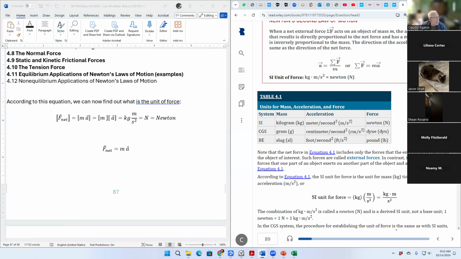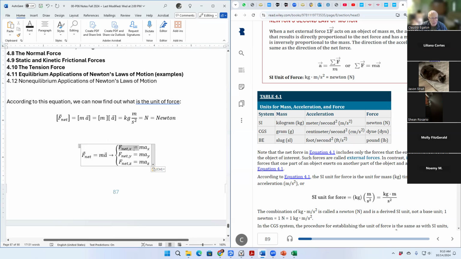This, what you see right in here, can be written down in terms of 3 equations: a net force along the x-axis equal to the mass times acceleration along the x-axis, along the y-axis, and along the z-axis. Okay?